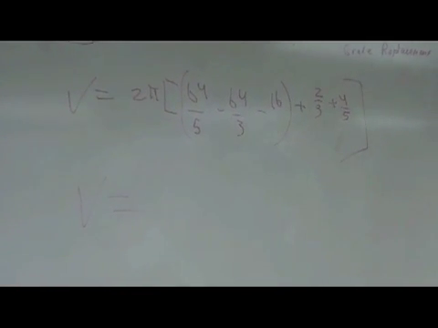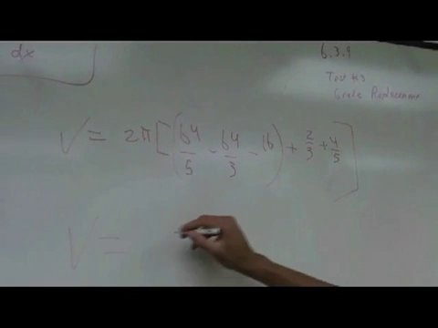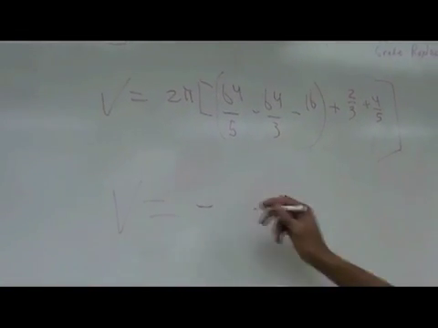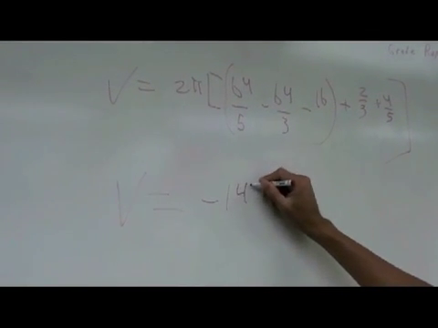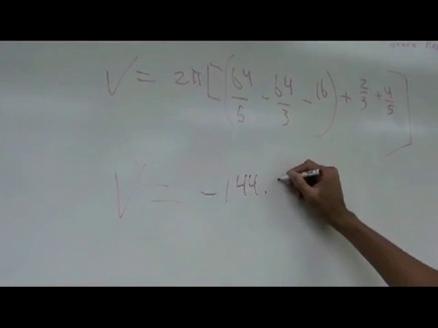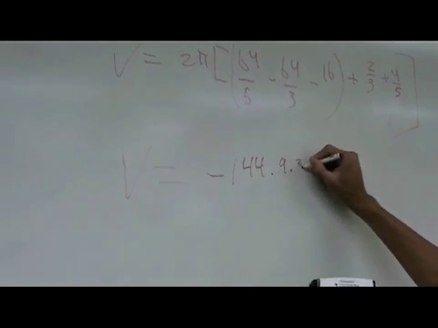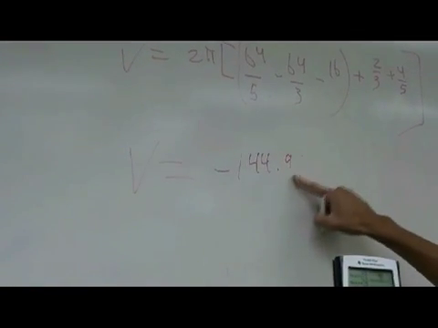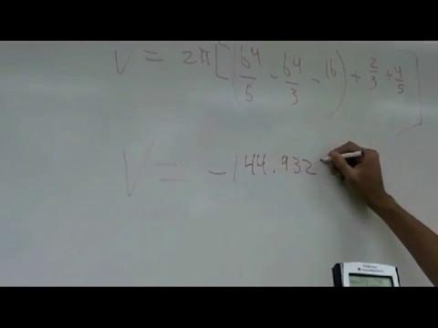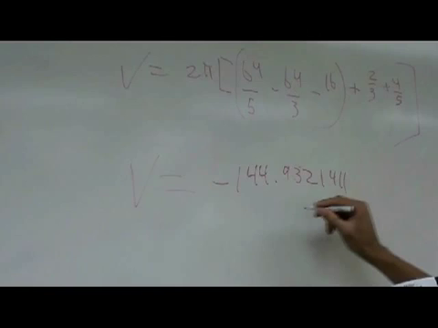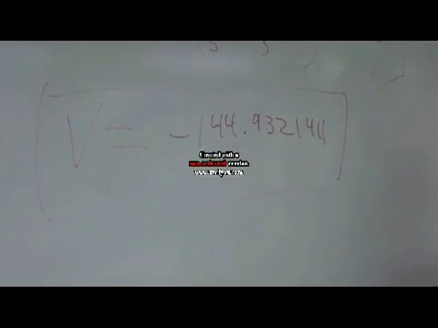When we solve all of this out and use our awesome mental calculator, this equals negative 144.9321411.